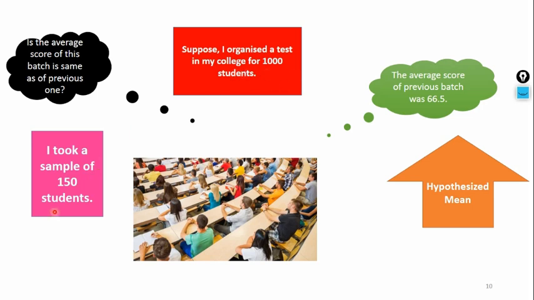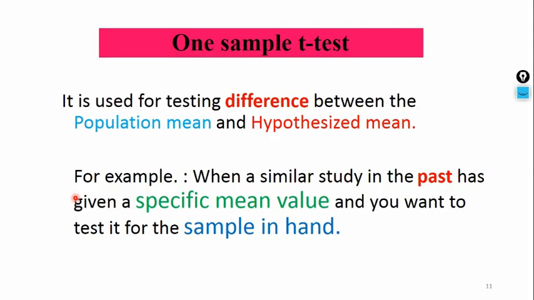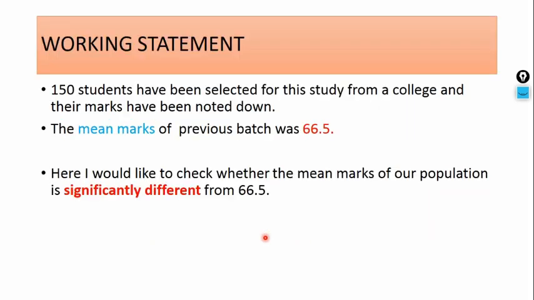I have taken a representative sample of 150 students. For example, when a similar study in the past has given a specific mean value, the hypothesized mean, you want to test this for the sample in hand.